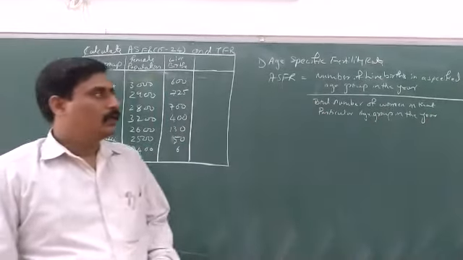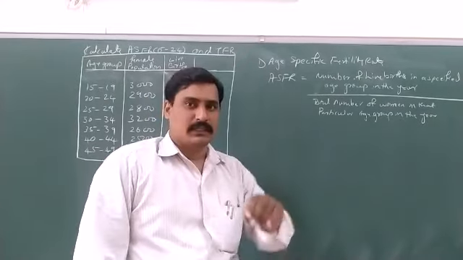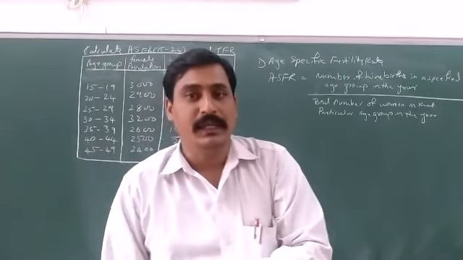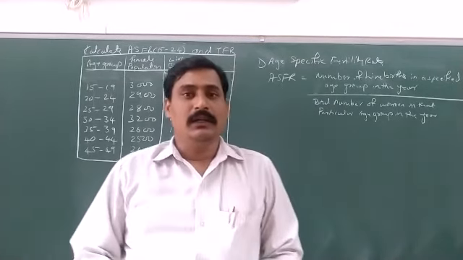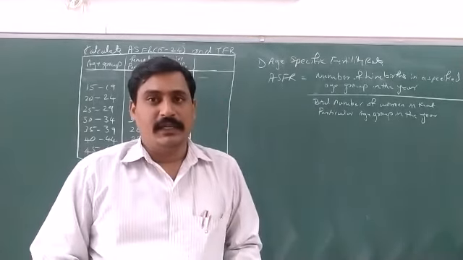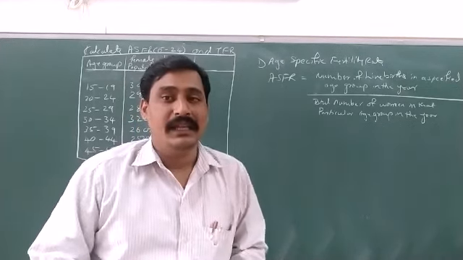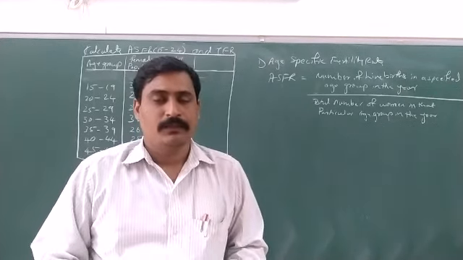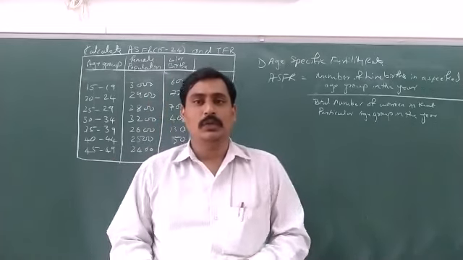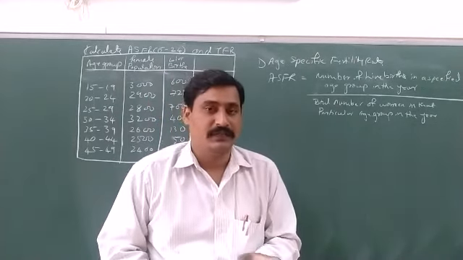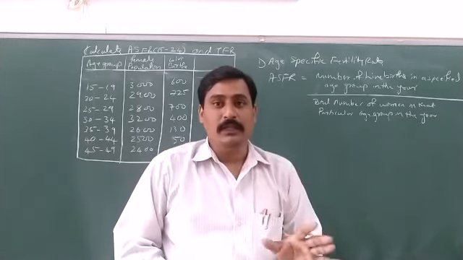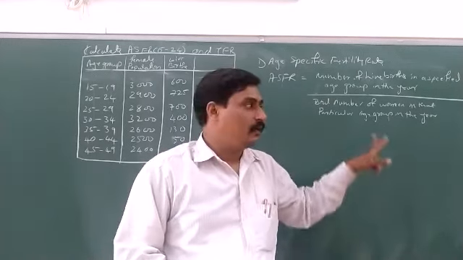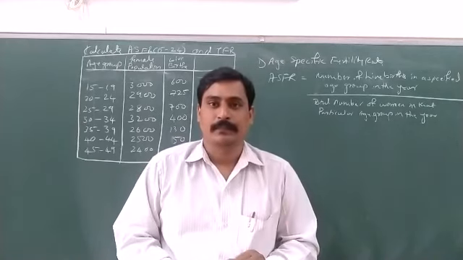So that means here number of live births for a specific age group or aged woman. Suppose we are calculating fertility rate for 15-year aged females. Then births occurring to only 15-year aged females are taken here, and total females of age 15 are taken here.